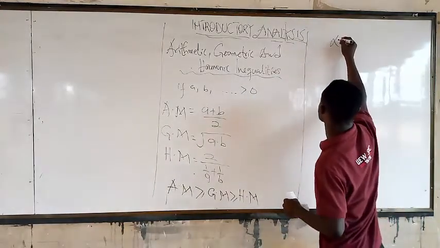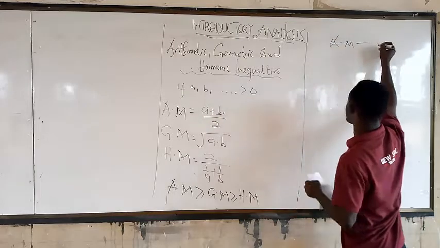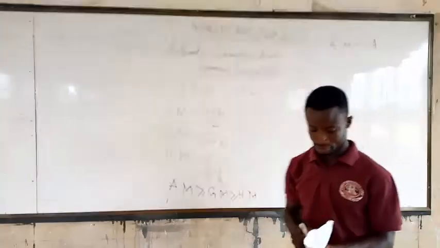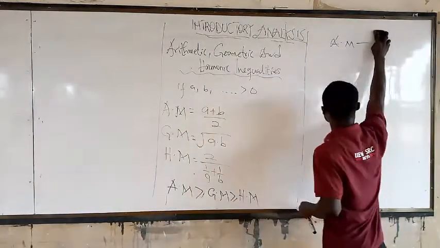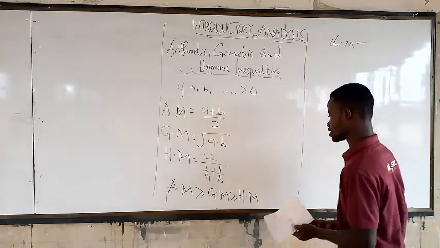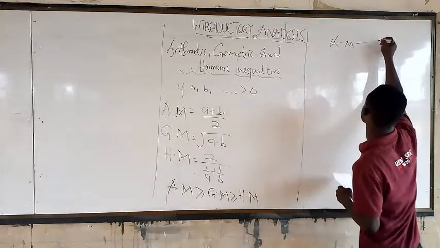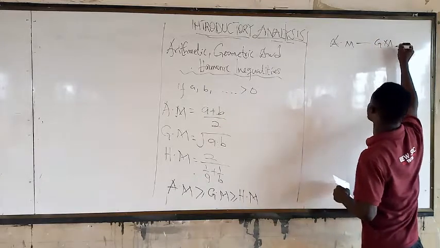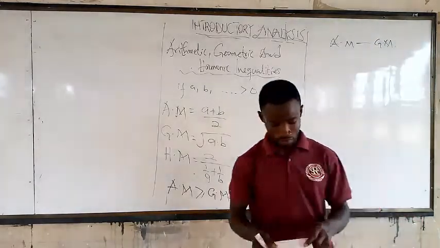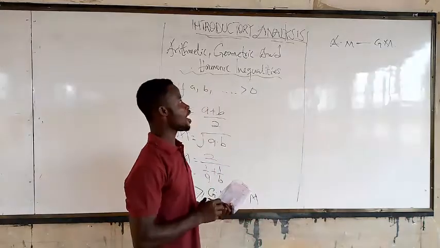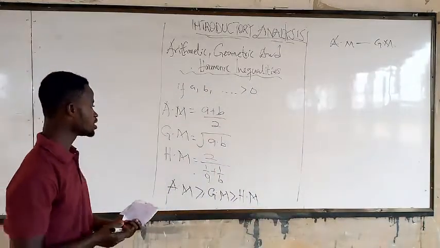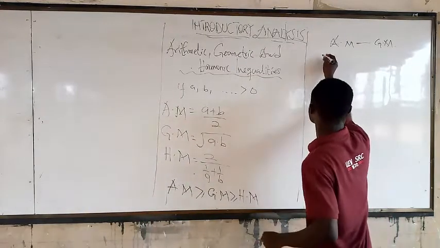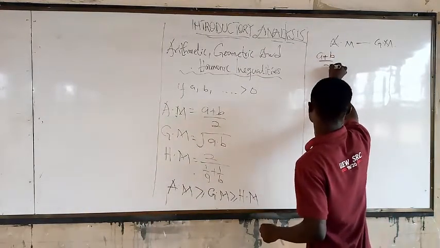So let's first consider the arithmetic mean and the geometric mean. Considering the arithmetic mean and the geometric mean, we first write for the arithmetic mean A plus B over 2.